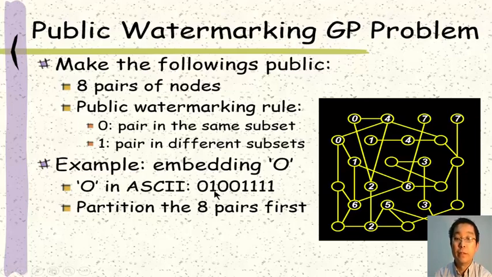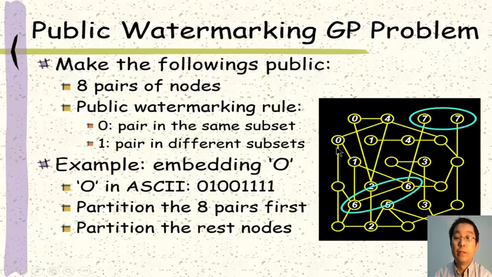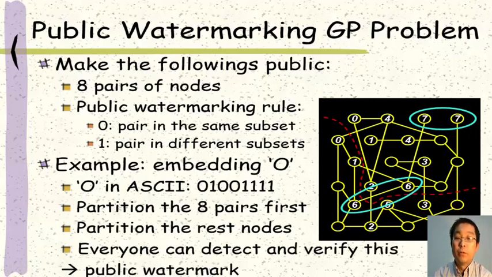And the second bit is 1, which means the two 6s will be in different subsets. And then we partition the rest of the nodes, and we get a partition like this. If we do the partitioning this way, now everyone can detect the watermark and verify it. That is why we call this a public watermark.